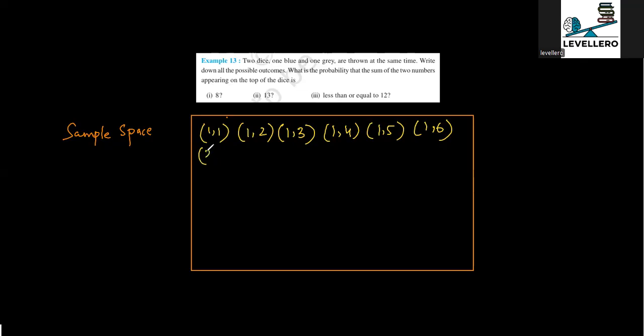And this is how we're gonna write the sample space for this: 2,2; 2,3; 2,4; 2,5; 2,6.